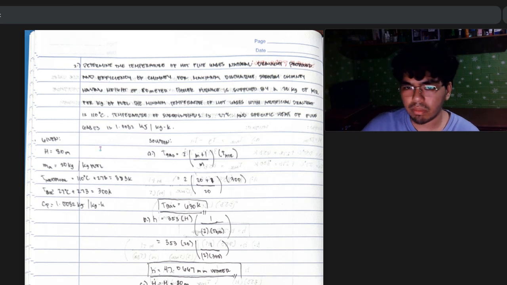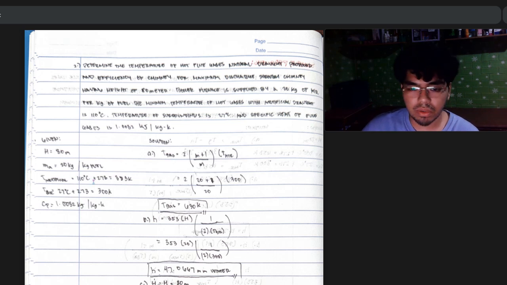So for the given in this problem, we have height which is equivalent to 80 meters. M is equal to 20 kilogram per kilogram of fuel.